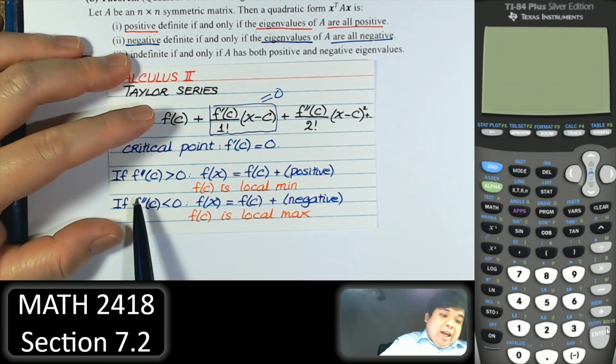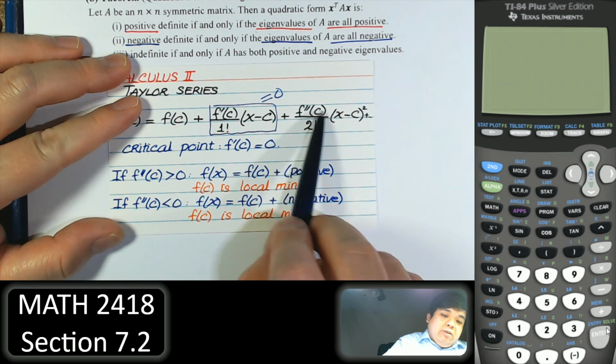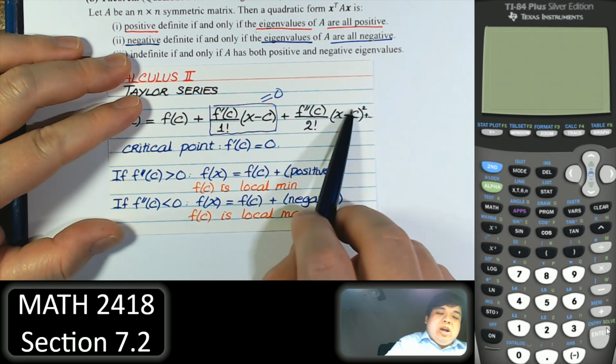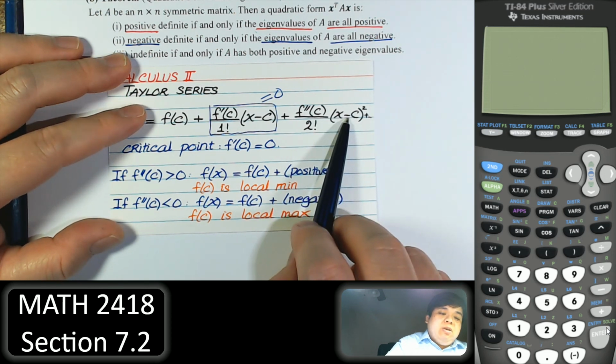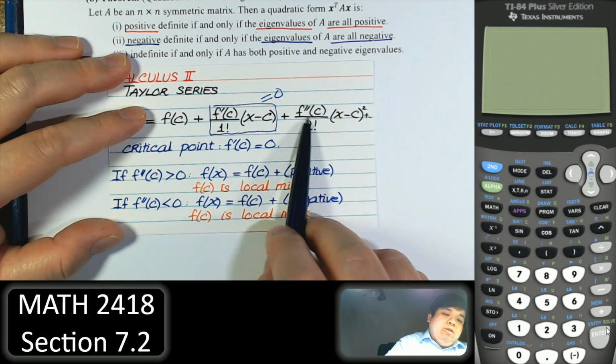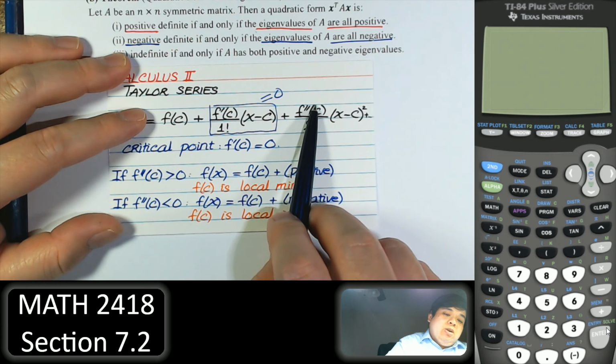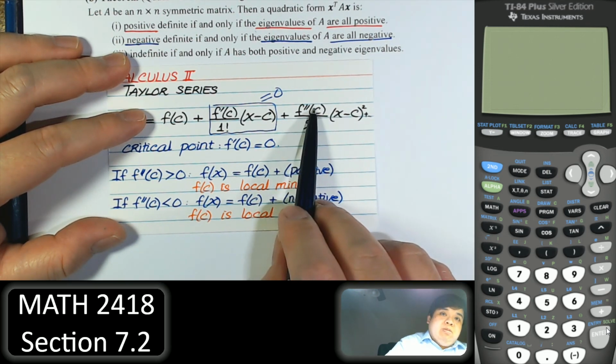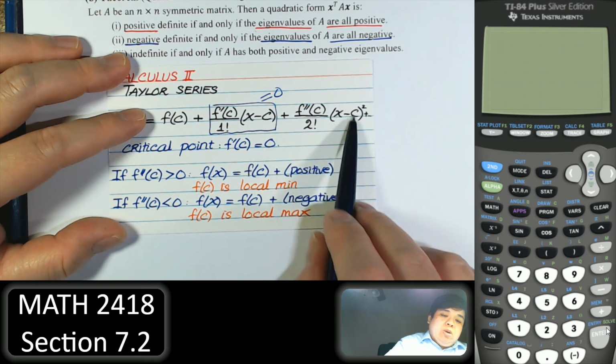Now, if the second derivative is positive, the square here is always greater than or equal to 0, so this term is positive if the second derivative is positive. So the whole thing is positive.